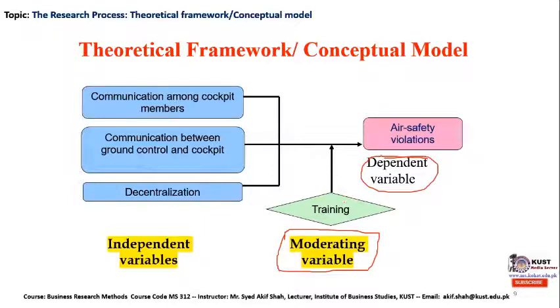It will either strengthen the relationship between the two, or it will weaken the relationship between the independent variable and the dependent variable. So we can see that here the researcher has made a conceptual model in the fashion that all three independent variables will lead towards the air safety violation if there is a small number of training facilities or opportunities available in the company.